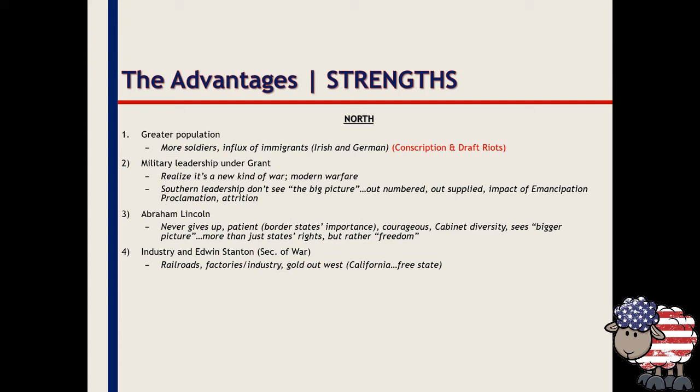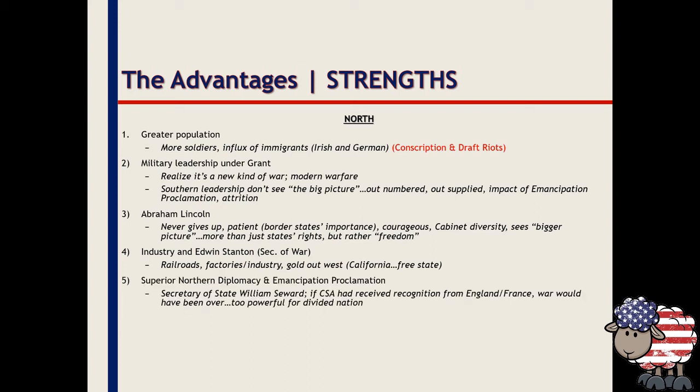And then Northern diplomacy. So Secretary of State Seward is going out representing the United States, trying to keep other players out of the war, or if they are going to join, that they are going to support the North. And then the Emancipation Proclamation helps to stop any support that England or France might be able to give to the Confederacy.